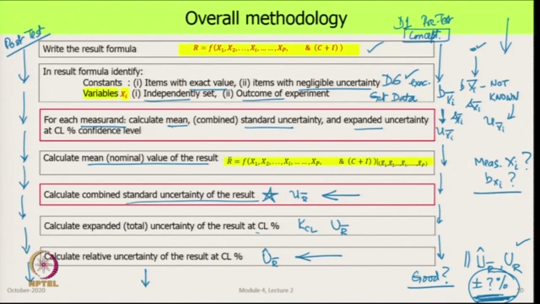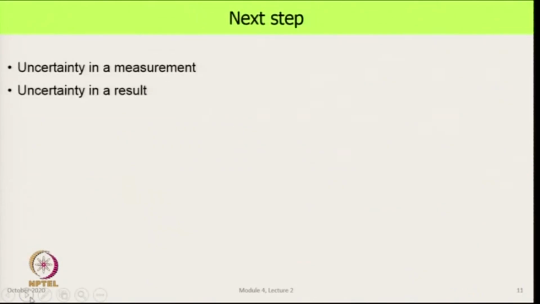When we get into that, there will be a lot of nitty-gritty mathematics coming in, but we should keep in mind that this is the overall scheme of things under which we are working, so we do not lose sight of the big picture. After this, we will look at how to calculate uncertainty in a measurement and then how to calculate uncertainty in a result. Those are our next steps.